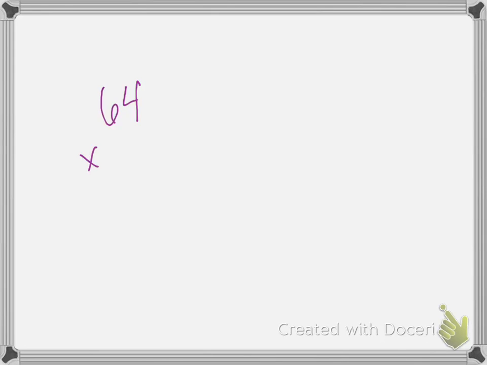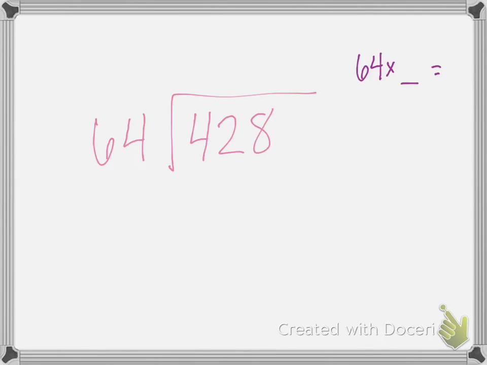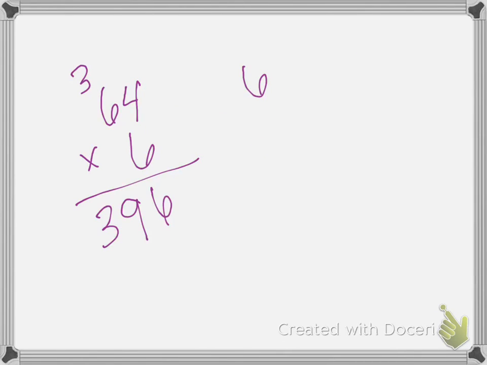Let's just start with 6. So 6 times 4 is 24... 6 times 6 is 36, plus 2, 38, 39, 396. So that is still too low. So let's try 64 times 7. 7 times 4 is 28. 6 times 7 is 42, plus 2 is 44.